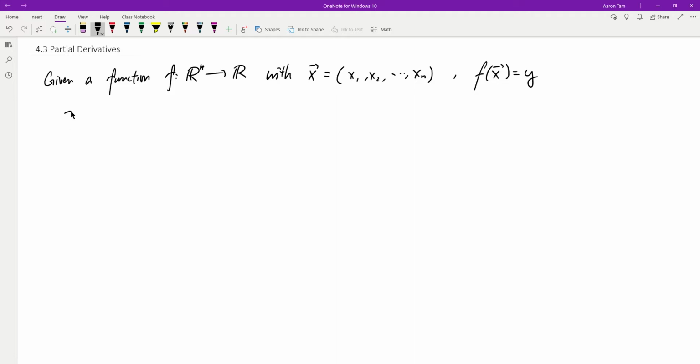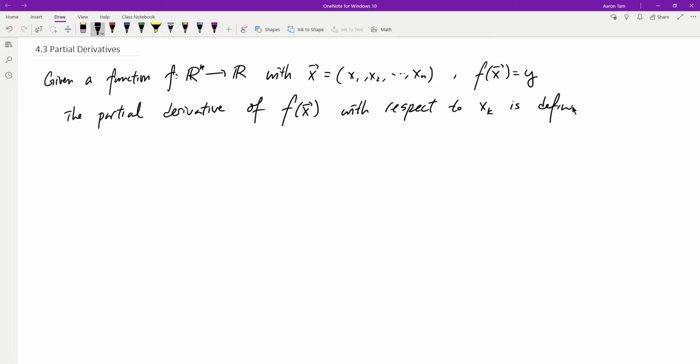So the partial derivative of the function f with respect to one of its independent variables, x sub k. Notice there are no arrows on top, because that refers to one of the numbers inside the vector, the kth number. It is defined to be the following.